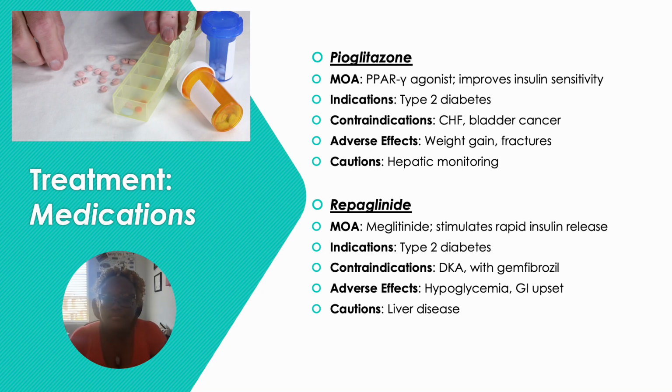Repaglinide. The mechanism of action, it stimulates rapid insulin release. Indication is type 2 diabetes. It's contraindicated in our patients with DKA, and also is contraindicated with patients that are currently taking gemfibrozil.